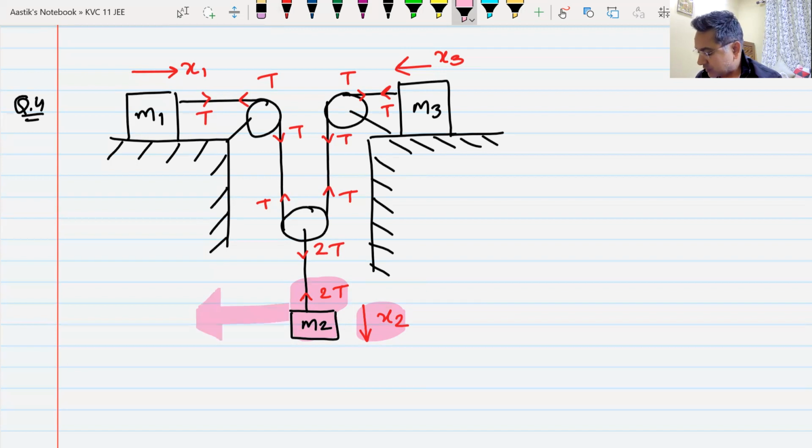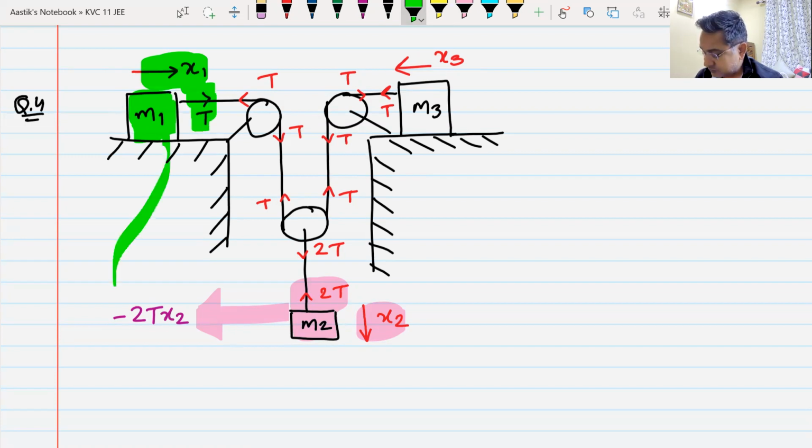So for this, the work done is minus 2T x2. Look at our green block. x1 is forward, T1 is forward. You can put it here. T x1.